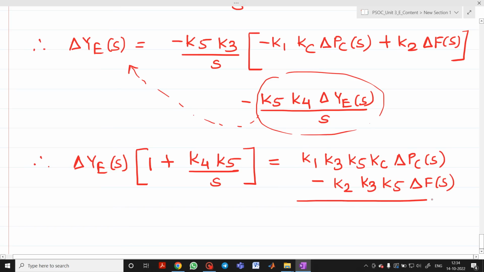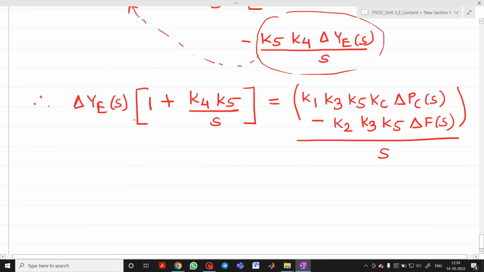I will put the whole thing divided by s, instead of writing it separately. So again, I will shift this term towards this side, so I will be able to write the equation for delta ye of s.